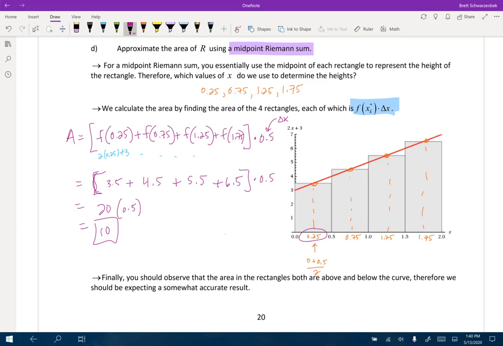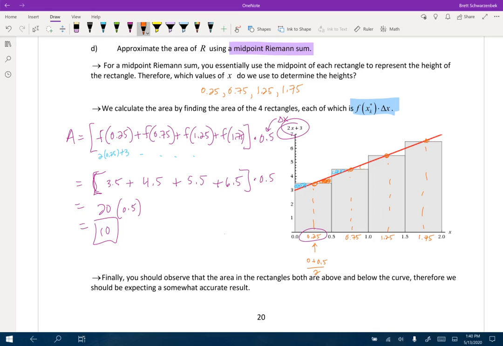So the best method to use for this linear function is to use the midpoint Riemann sum. And what ends up happening, by the way, is that the missing value right here ends up perfectly canceling out with the extra area on each one of these as we go through, right?